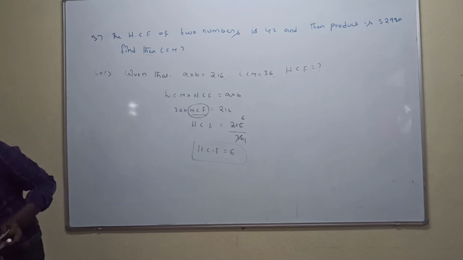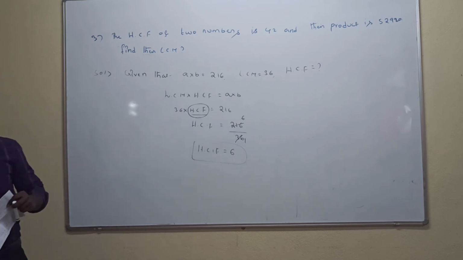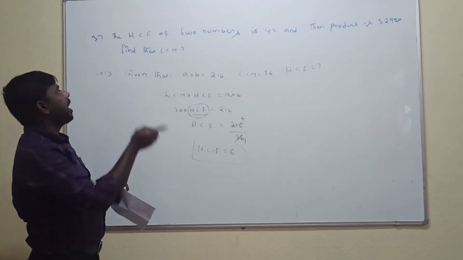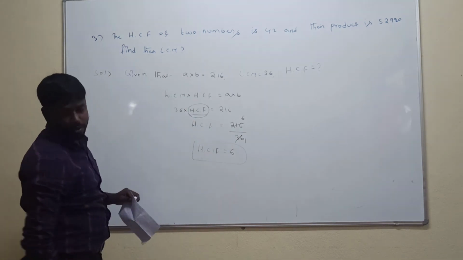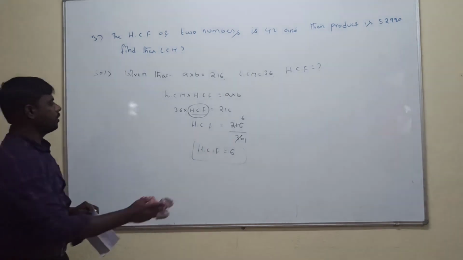See, in the third question, the HCF value is given and the product of the two numbers is given, and we have to calculate the LCM. So substitute the values. What is given?